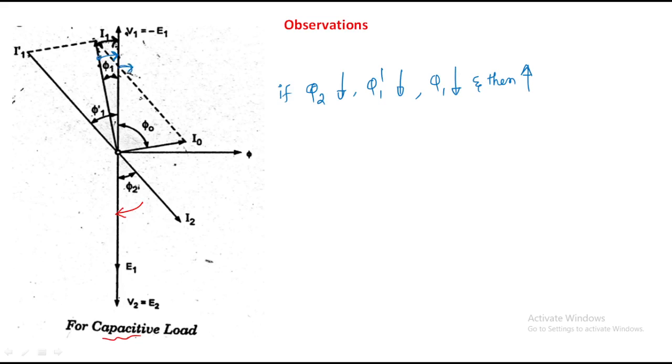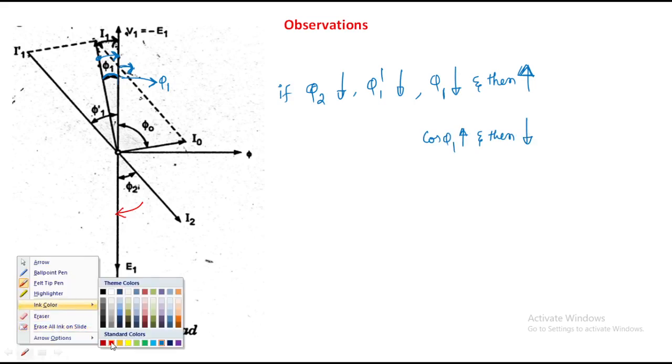The phi 1 angle increases like this. So phi 2 decreases, phi 1 dash decreases, phi 1 initially decreases, then again increases. Therefore cos phi 1 increases and then decreases.